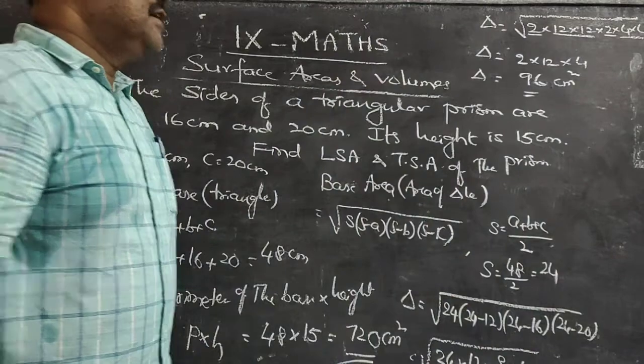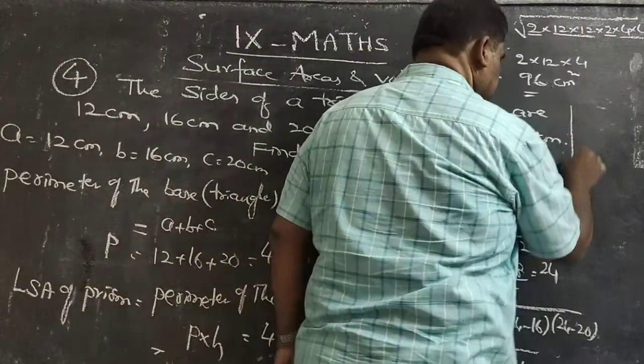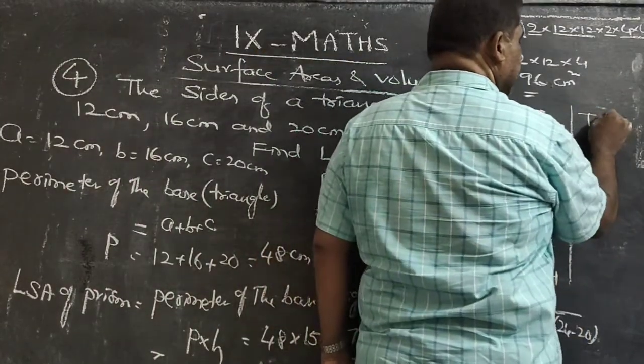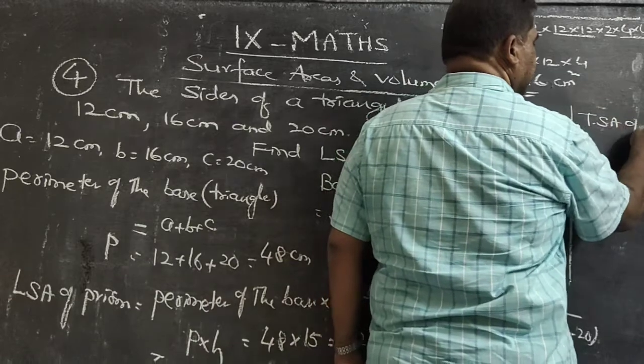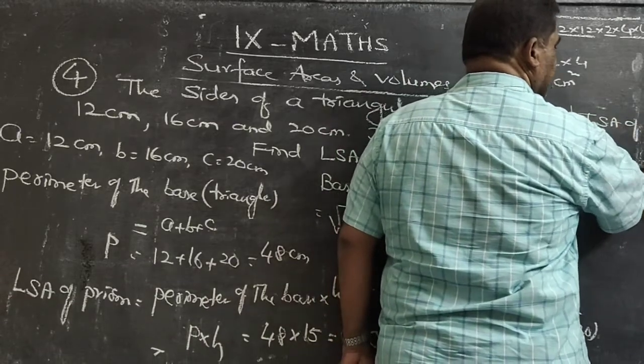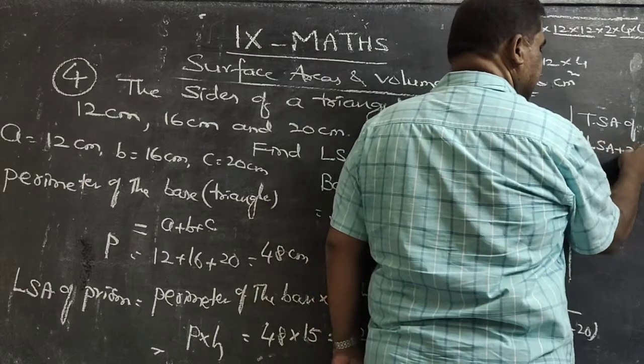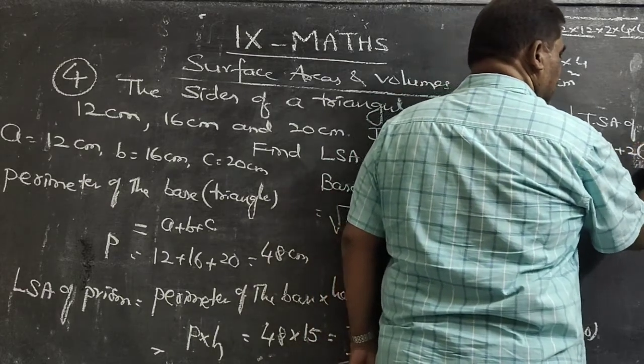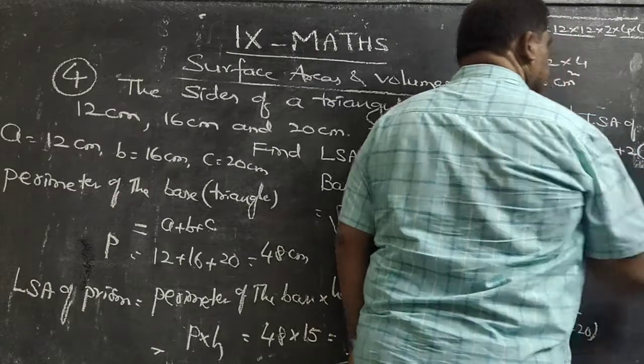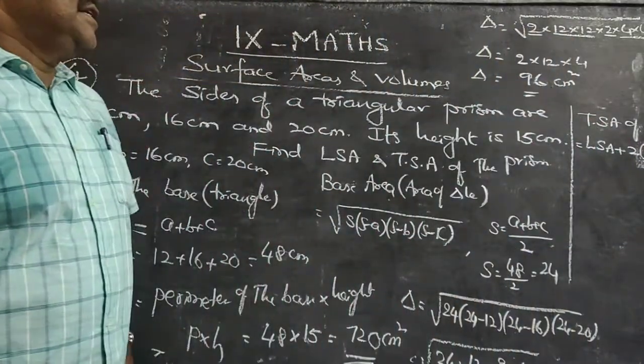So if area of the triangle is 96, we got now total surface area of a prism. Total surface area is equal to lateral surface area plus 2 into base area. This is the formula for total surface area of the prism.